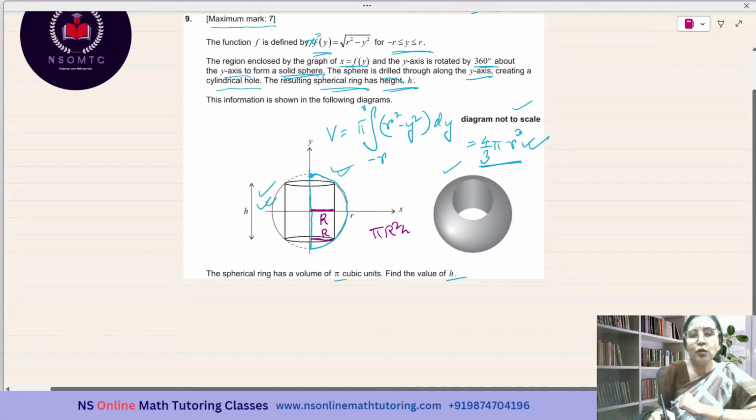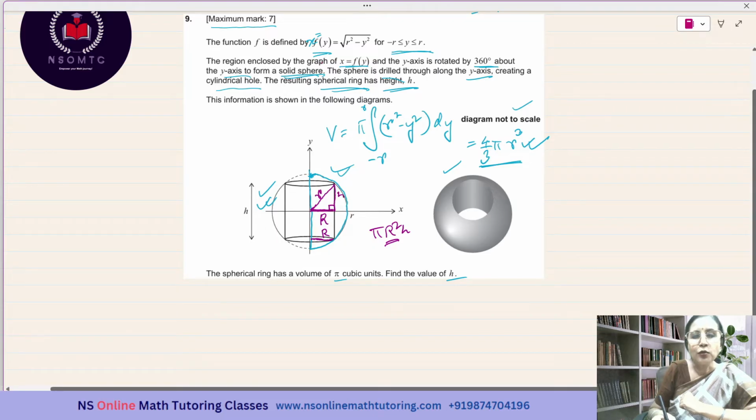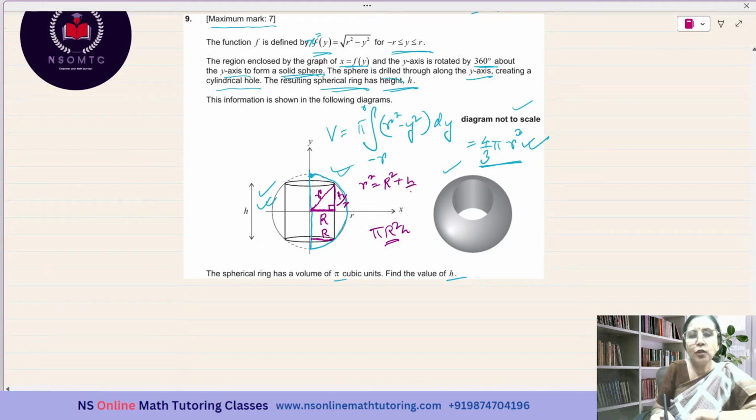In case we want to express this capital R in terms of small r and h, we can do that. We just have to draw this diagonal. This is a right-angled triangle. This is the right angle, and this one is small r, the radius of the circle or the formed sphere, and this is h over 2. So using the Pythagoras theorem, r squared will be equal to capital R squared plus h over 2 whole squared.